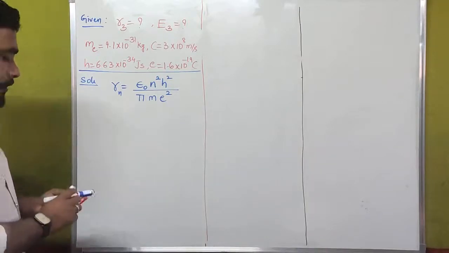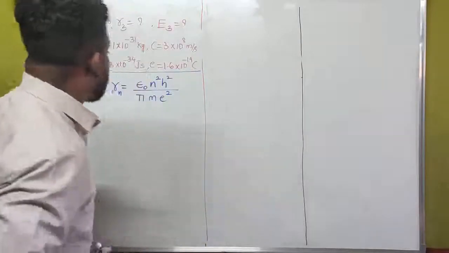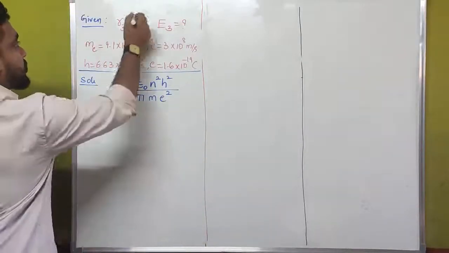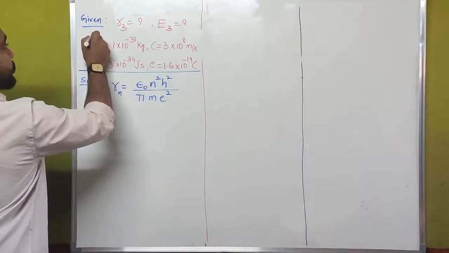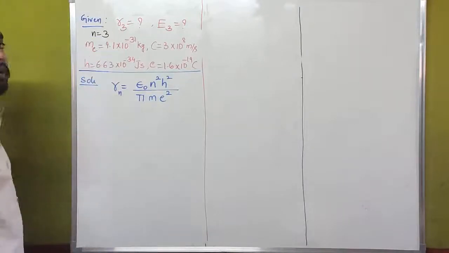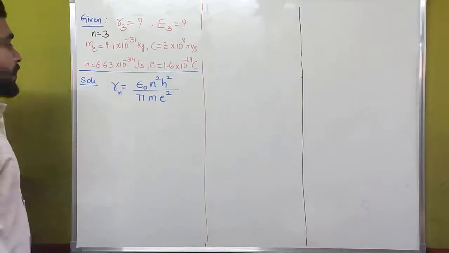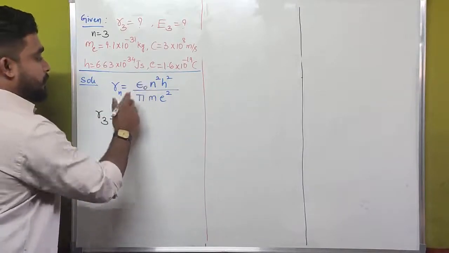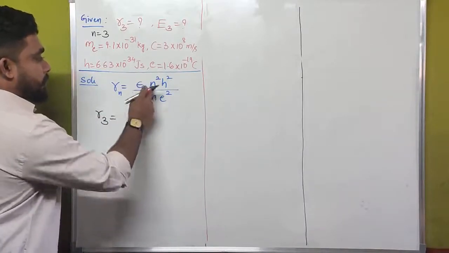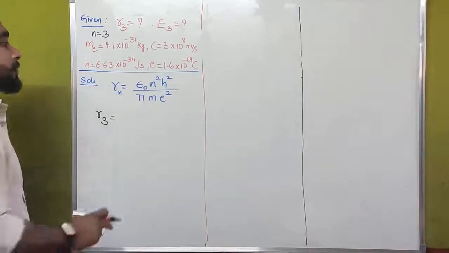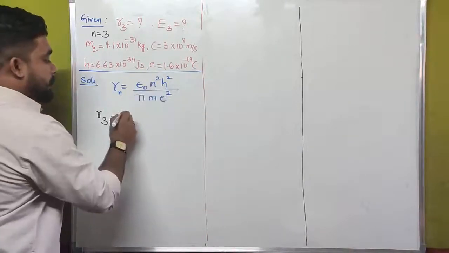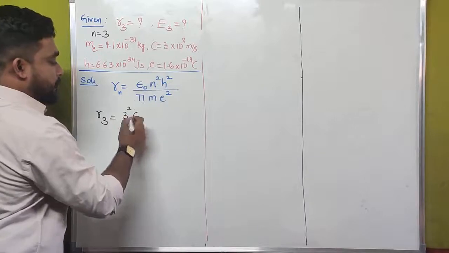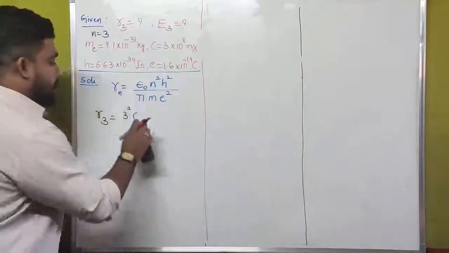Now here what we have to calculate is the third orbit, that is n is equal to 3. R3 is equal to epsilon naught into n square, where the value of n is 3, so 3 square, into epsilon naught. What is the value of epsilon naught?